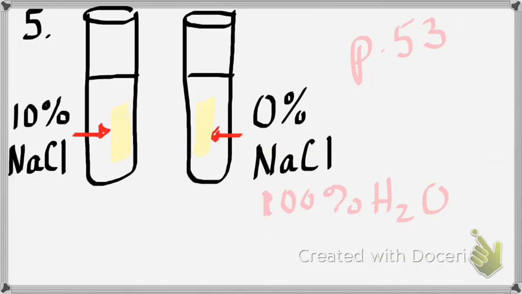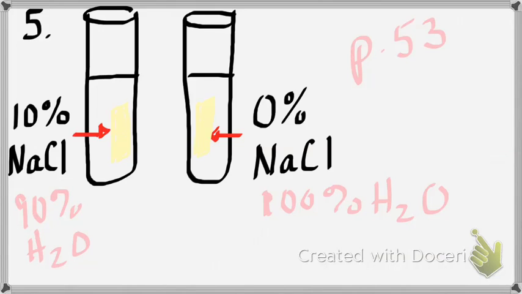And here I have 10% salt, which means it's 90% water. And I put potatoes in both of these. And we actually did do this. We let them set for about an hour, and then we pulled the potatoes out and we felt them. One of them felt really good and hard, rigid, and one of them felt all bendy, squishy.